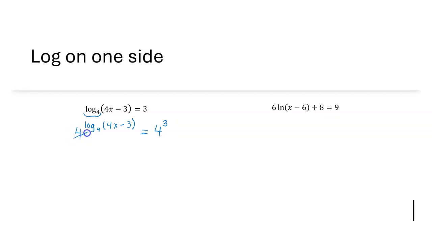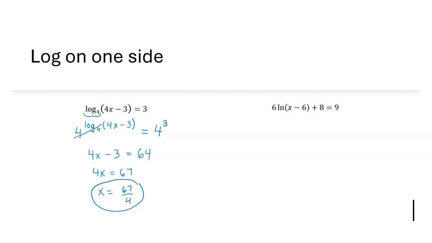On this side, the logs and the exponential cancel out, so I have 4x minus 3. And on this side, I have 16 times 4, which is 64. I'm going to add 3 and divide by 4. I'm not going to panic that I get a fraction, and I'm just going to leave it like that.